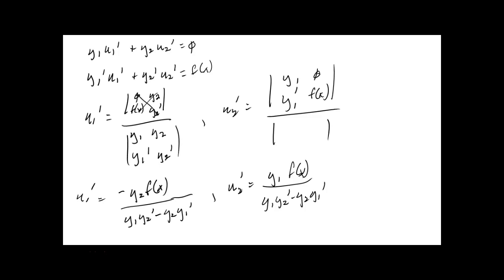And by linear independence of y1 and y2 on that interval I, we know that the Wronskian of y1, y2 cannot equal 0 for any x in the interval.